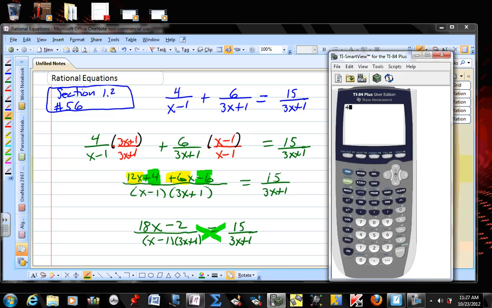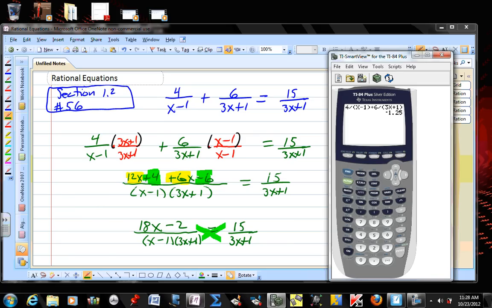Let's go 4 divided by the quantity x minus 1. Remember, we stored negative 13/3 into x. Say plus 6 divided by the quantity 3x plus 1. We need parentheses around this expression in the denominator on our calculator, otherwise we'll be typing the problem incorrectly.